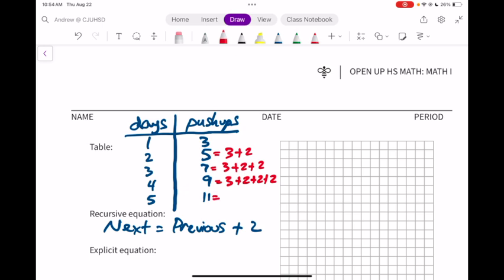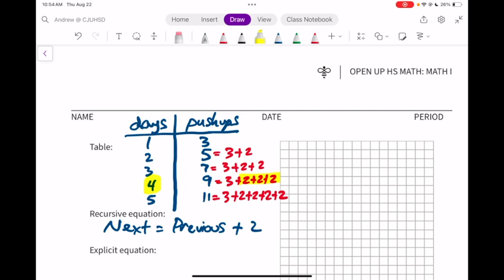So what you'll start to notice is the connection between the number of 2's we add and the day. Let's use one of these as an example. On day 4, we added 2 three times. So if you take 1 away from the day, you will have the number of 2's.